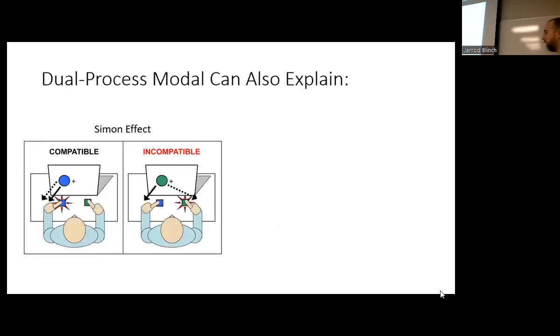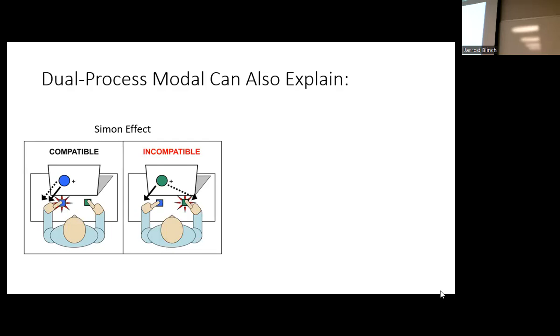The dual process model has utility and use beyond just ipsilateral, contralateral mappings. It works in many situations that involve compatible, incompatible, or even congruent, incongruent stimuli. There's a bit of a distinction in that in psychology. But another example is the Simon effect.